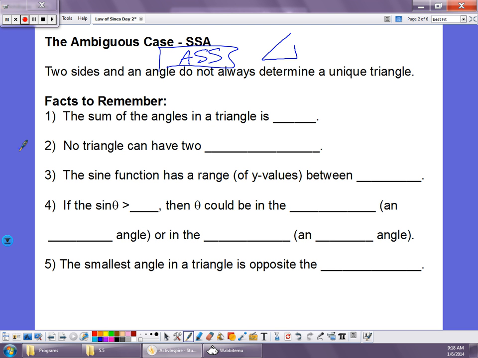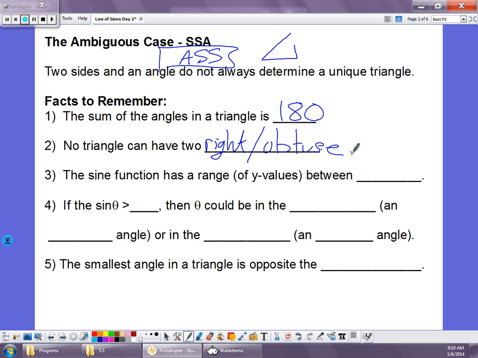So just real quick, we'll run through this. The sum of the angles in a triangle is what? 180. No triangle can have two what? Right angles, or what else? Obtuse angles, right?